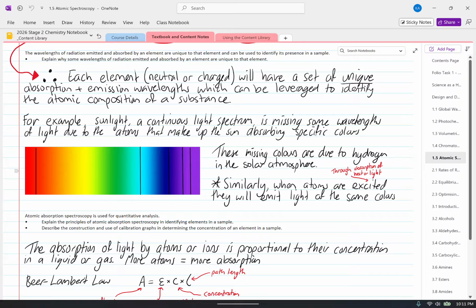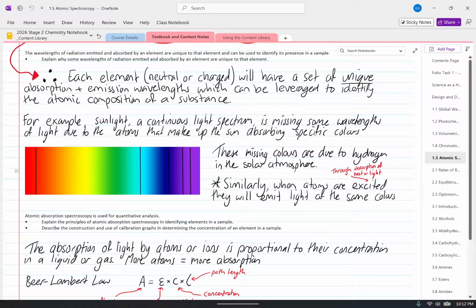Those are absorption lines. Essentially the sun will have tried to emit all of these colors, but some lines of light, some colors, are missing, and these are very, very thin. I've exaggerated how thick they are, but those colors are missing because they've been absorbed between us and the sun's surface.